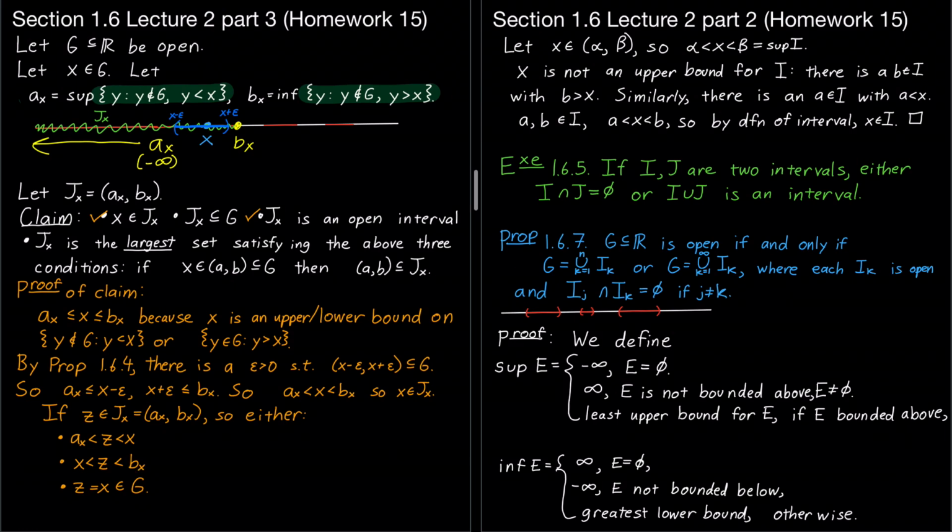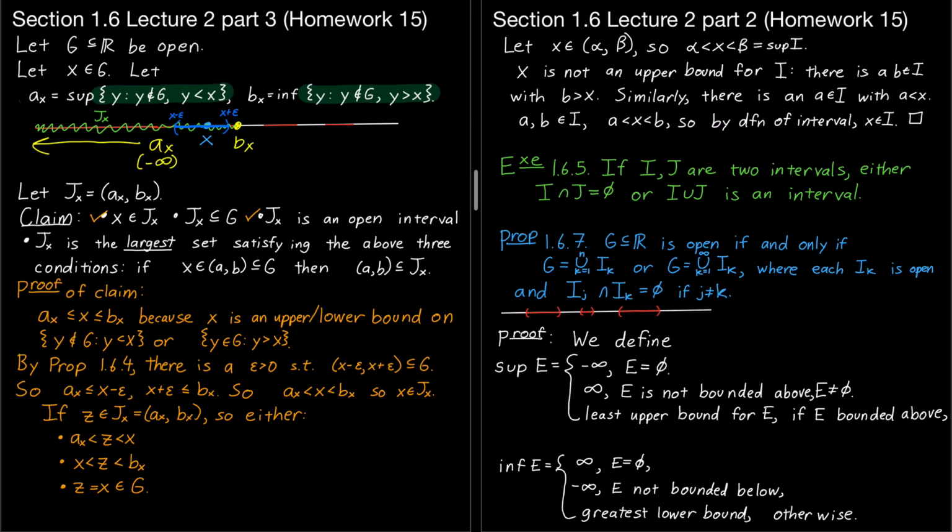And then if we go back to our sets where we defined a_x and b_x, we see that if z is less than x, and it's also bigger than a_x, then it can't be in the set a_x is the supremum of.